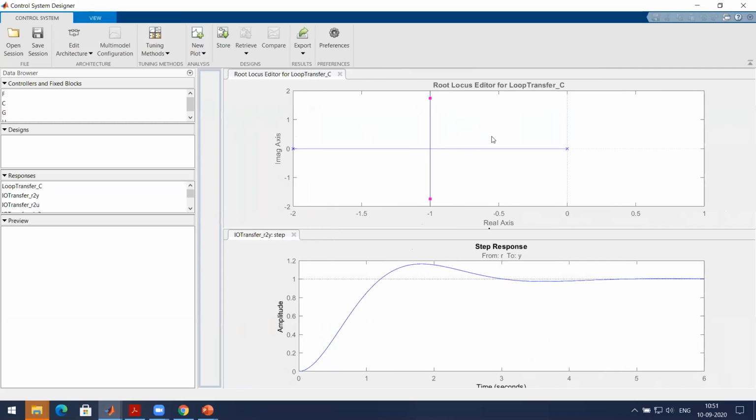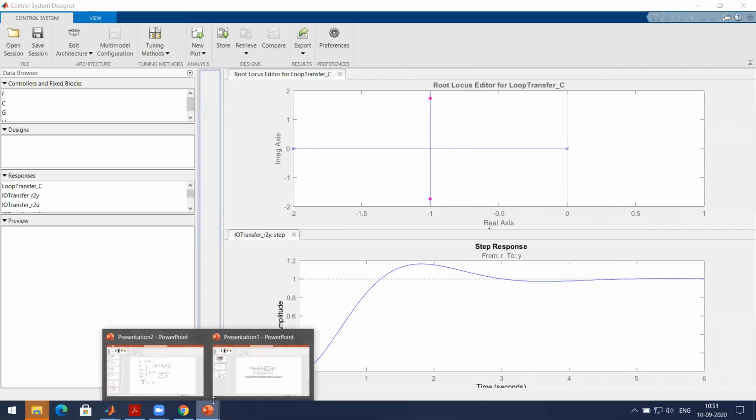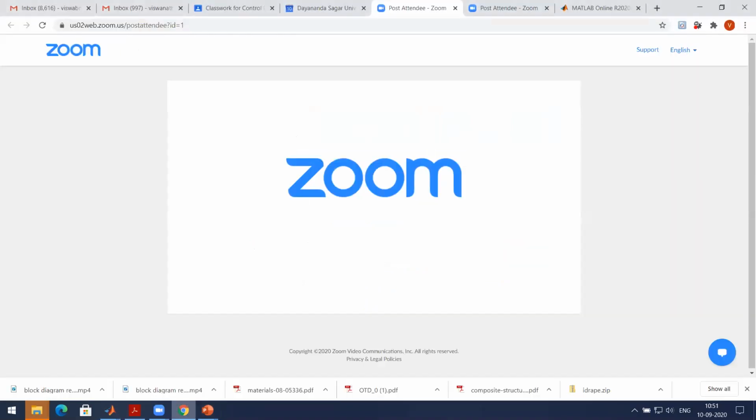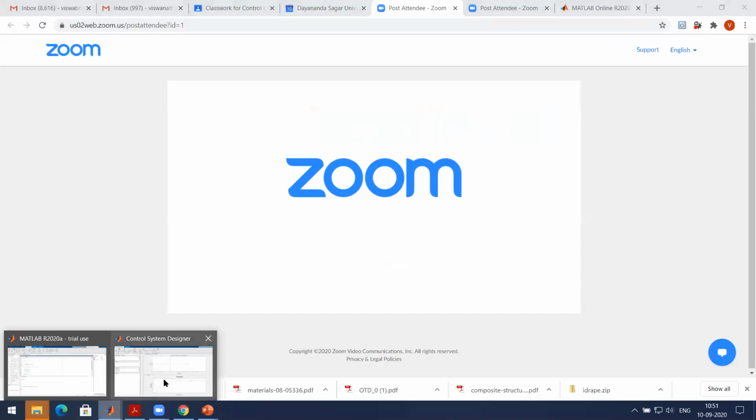Okay, so what is the question? Put k equal to 1. Find zeta. So how do you find zeta from this?